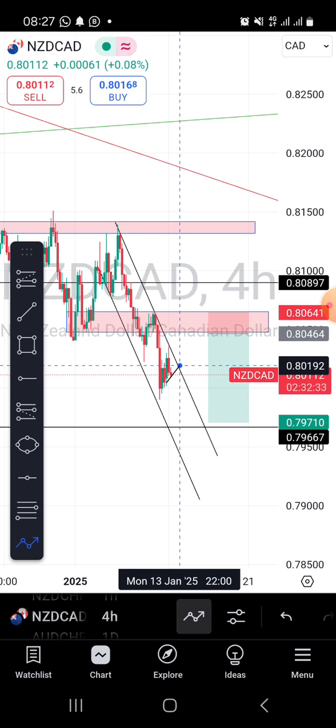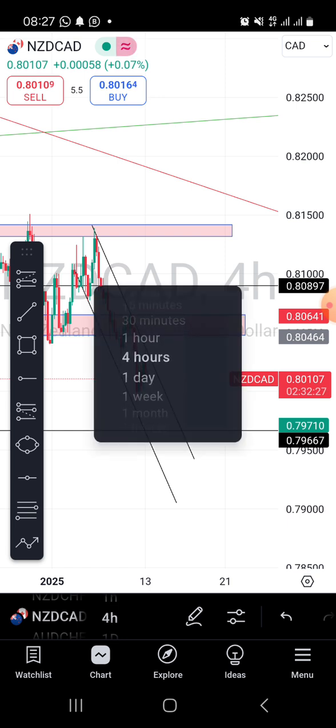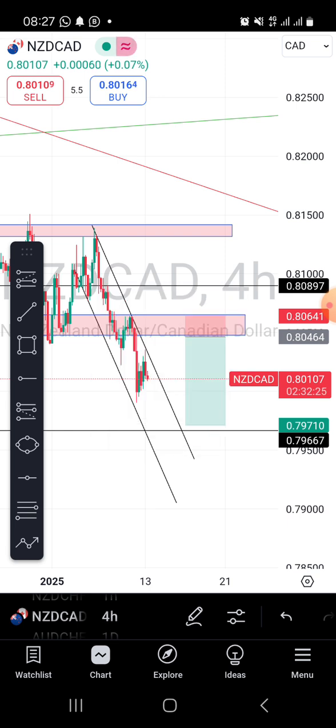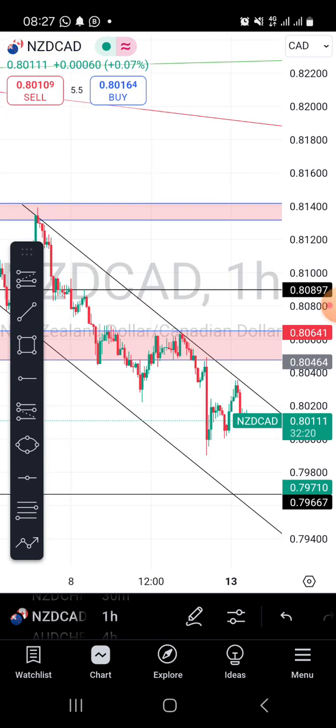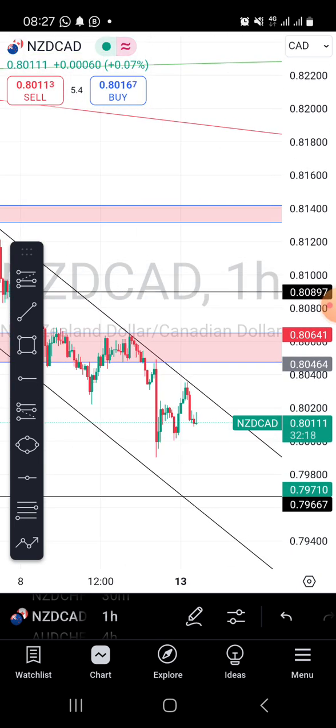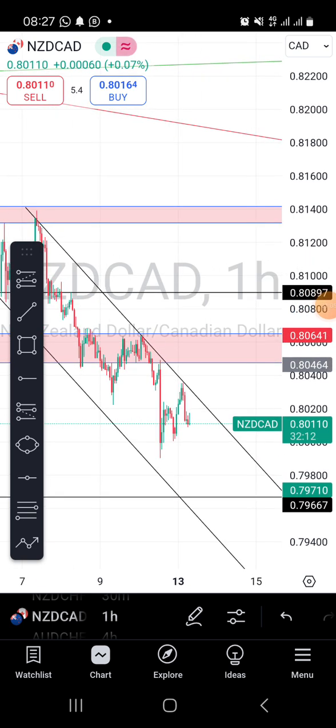Okay, let me see if the risk is reasonable. NZD CAD H1. It's still within my strategy and risk.